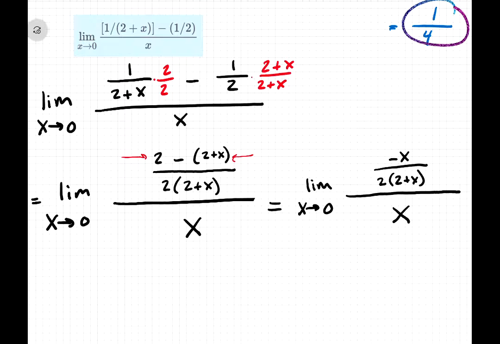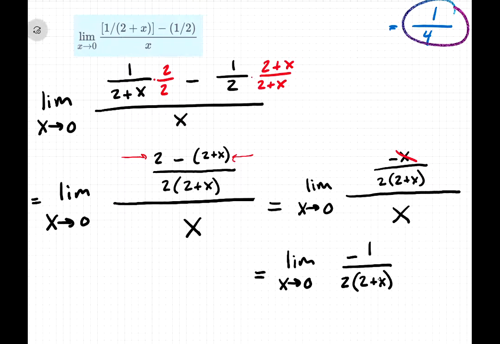Oh, so it looks like this x and this x cancel. So we're down to the limit as x approaches 0 of negative 1 over 2 times 2 plus x.